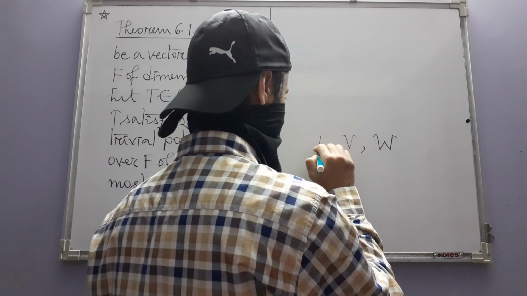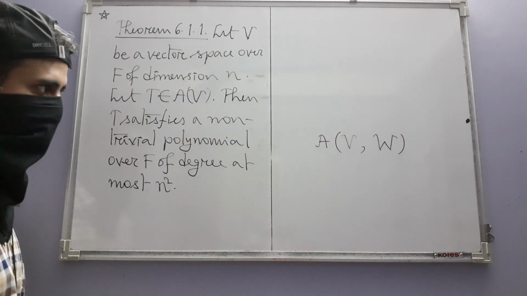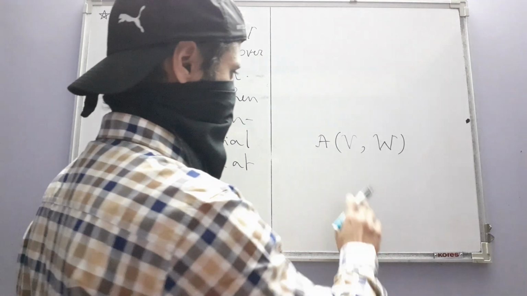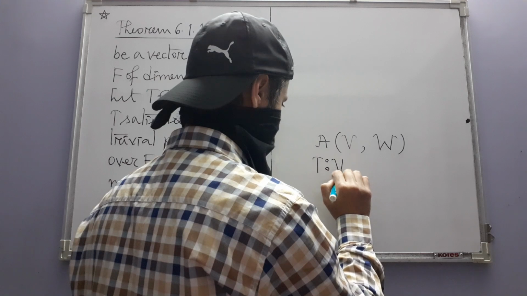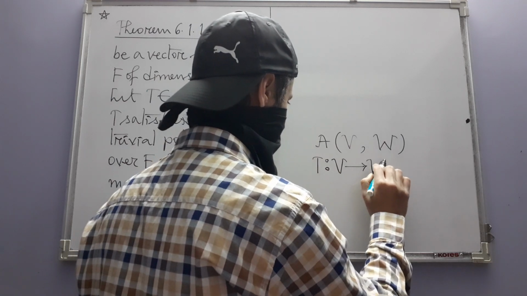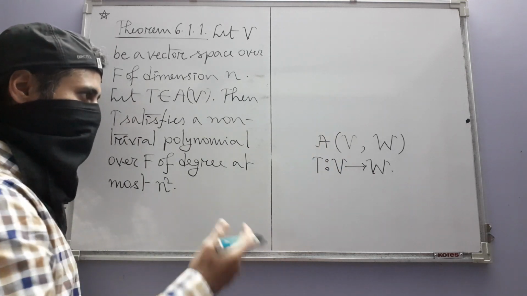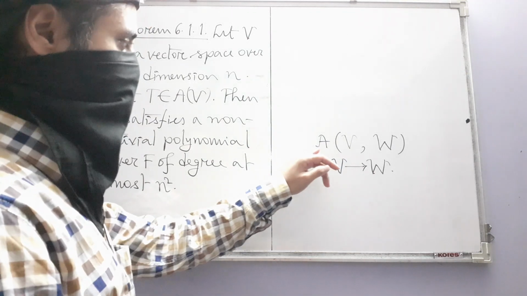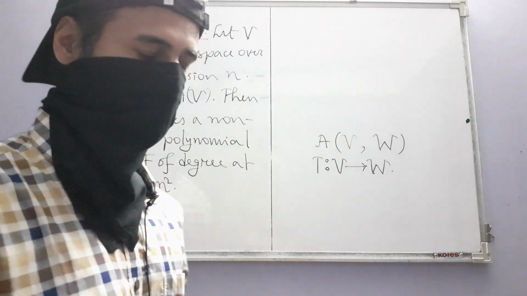We have then already considered this thing, namely the set of all linear transformations from V into W. We introduced an addition and multiplication by scalars on this set, and that made it into a vector space.